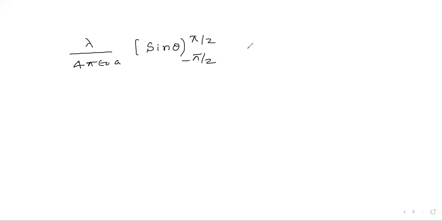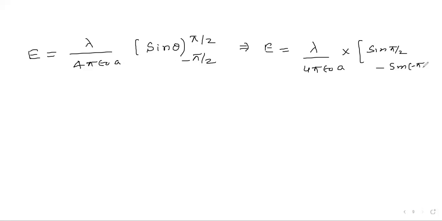So we get E equals lambda upon 4 pi epsilon naught a times sine pi by 2 minus sine minus pi by 2. So this will give lambda upon 4 pi epsilon naught a.